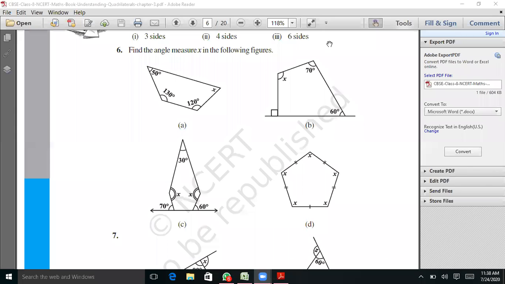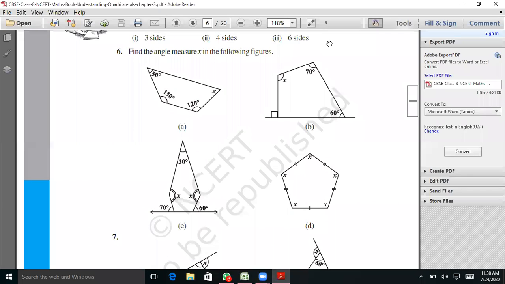Let's do question number 6, exercise 3.1. Here we are to find the angle measure x in the following figures. So here we'll use the angle sum property, as we have been given angles and we have to find the unknown angles.